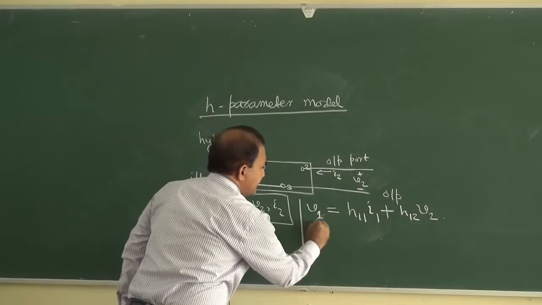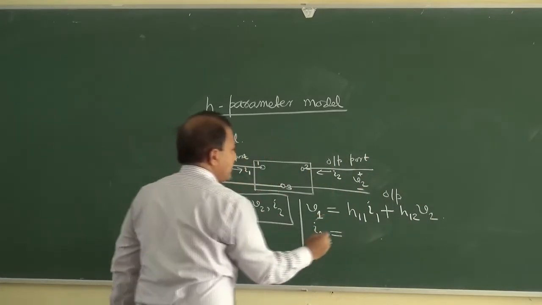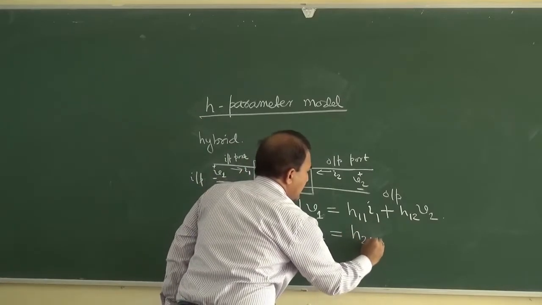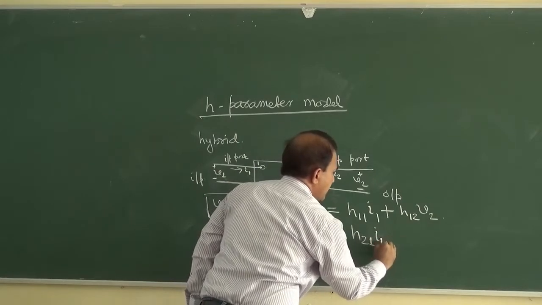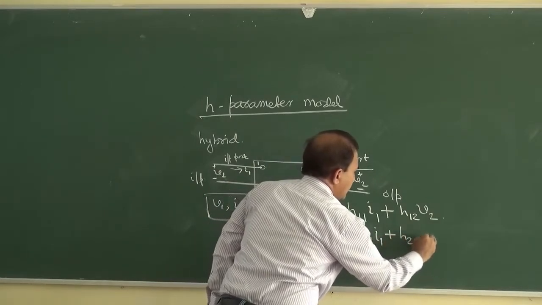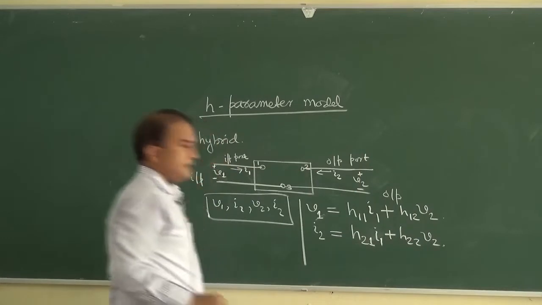And I2 is equal to H21 into I1 plus H22 into V2.